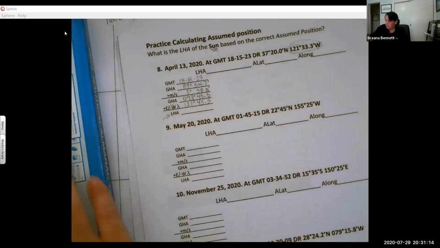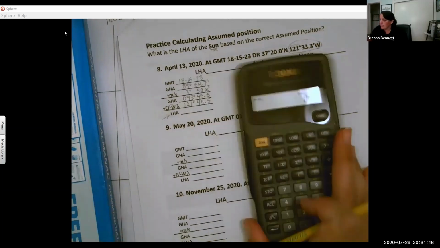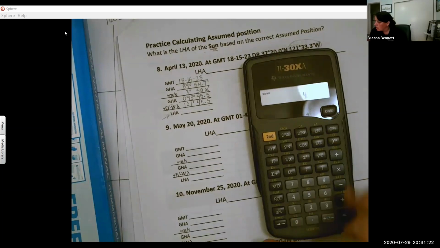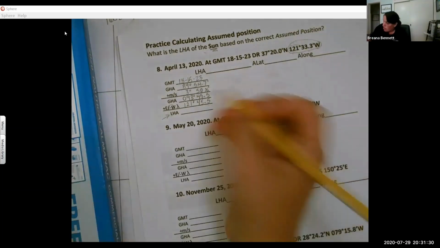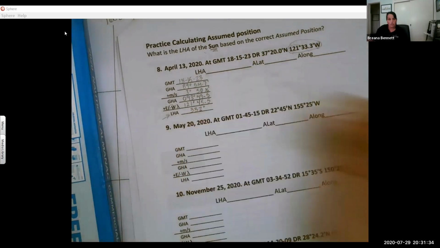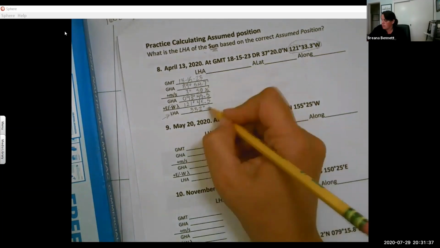So now I can get an LHA. 121 gives me 332 degrees, whole degrees, because it's 0 minutes.